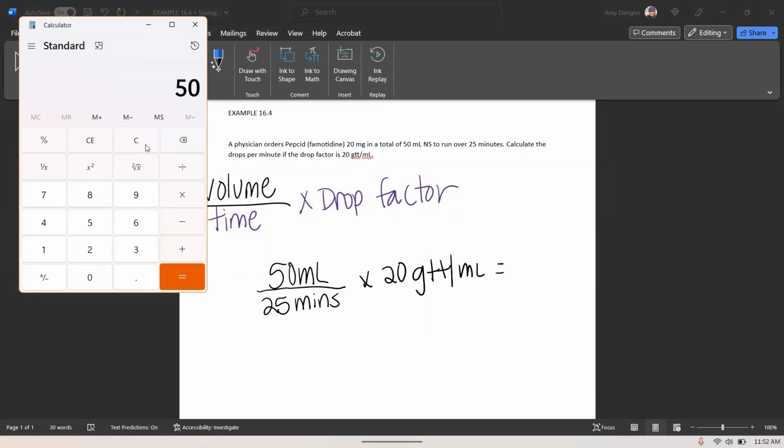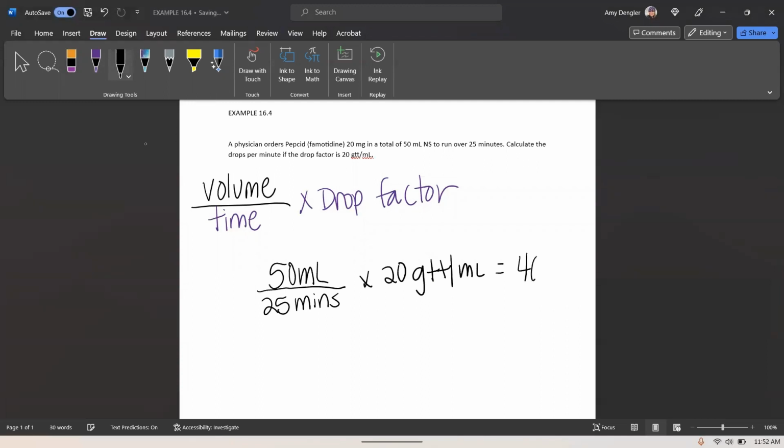So 50 divided by 25 times 20. And that is going to give us 40 drops per minute. Because these 2 milliliter units cross off and I just have drops and minutes left.